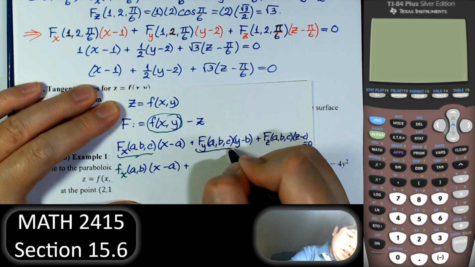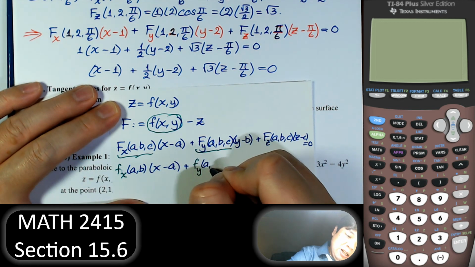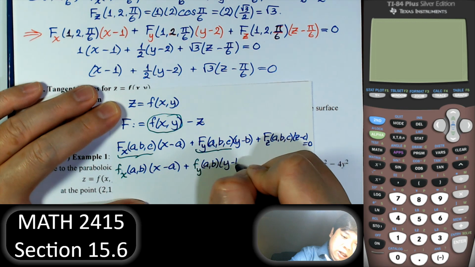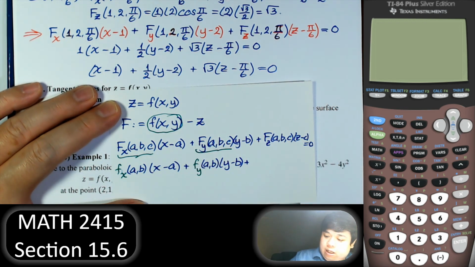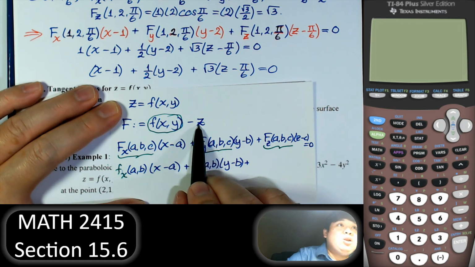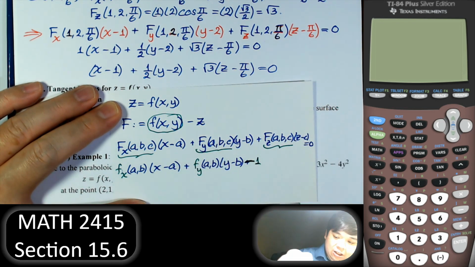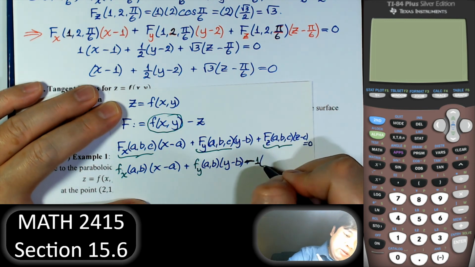And this is f sub y, the derivative with respect to y, at (a, b), y minus b. And what's this? The derivative of this with respect to z will be minus 1. Then we have z minus c.